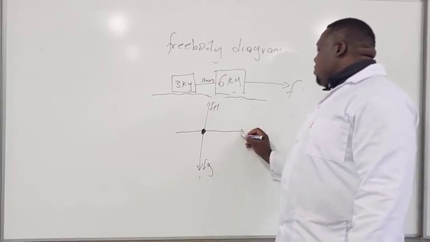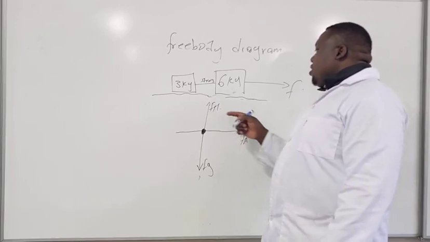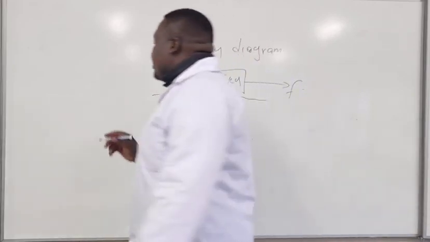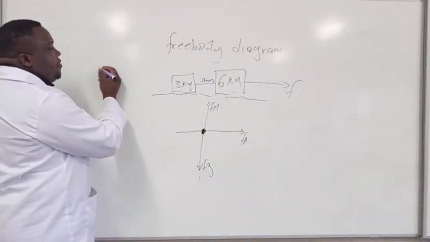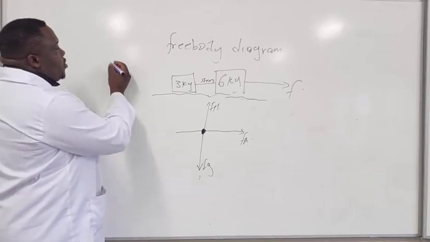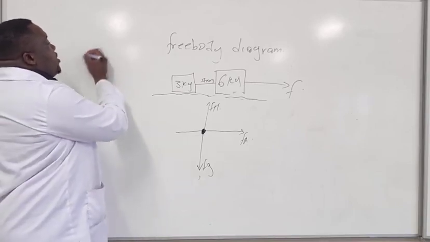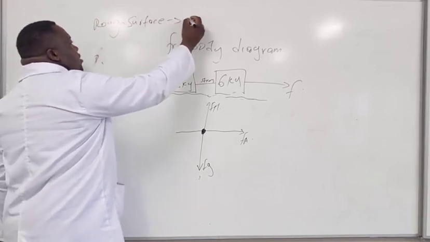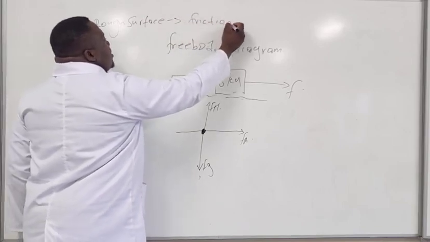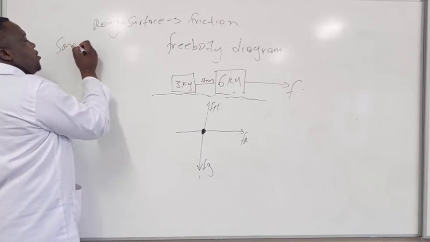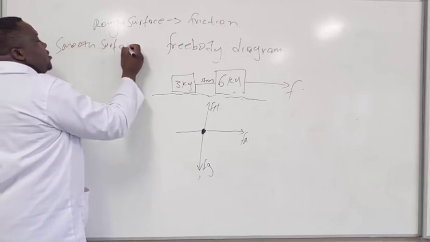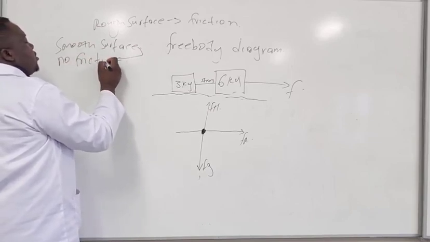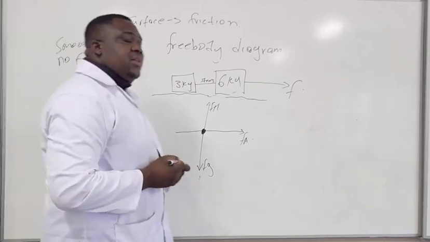Then we have the applied force which is moving this side. We are told that we have a rough surface. A rough surface tells us about friction. For those who may not find a chance to watch lesson 1 of work, energy and power: when you hear the words rough surface, it means there is friction.